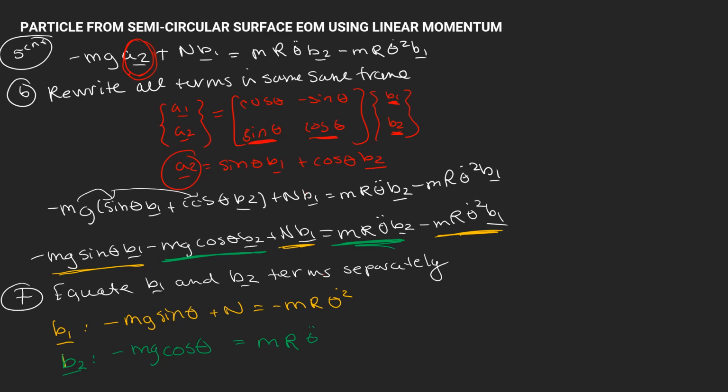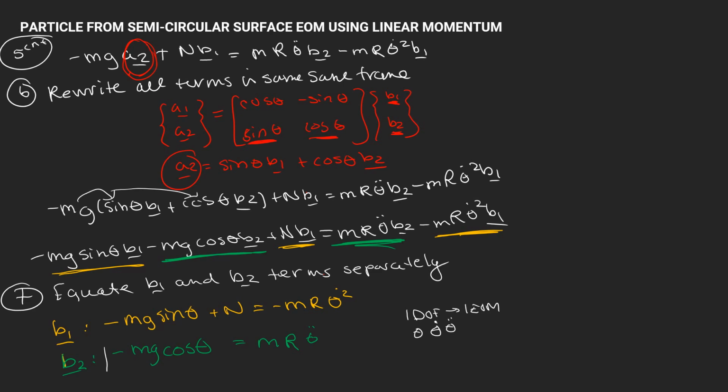Okay, and so now we have two equations, and if you recall back to our requirements, the very first question was that we had a 1 degree of freedom system, so we needed one equation of motion, and our coordinate was theta, so we needed that equation of motion to only contain unknowns that were theta and its derivatives: theta, theta dot, theta double dot.